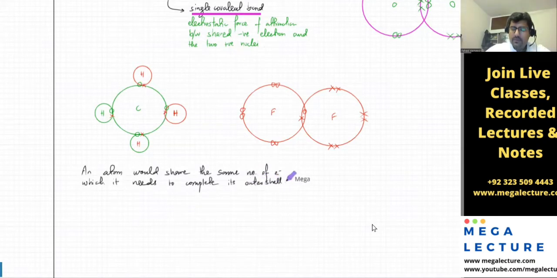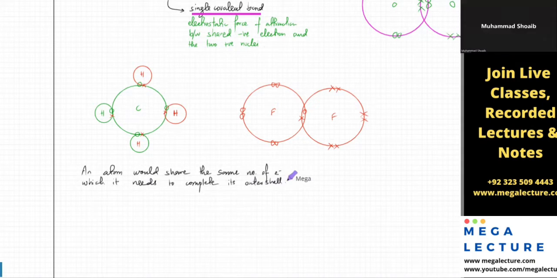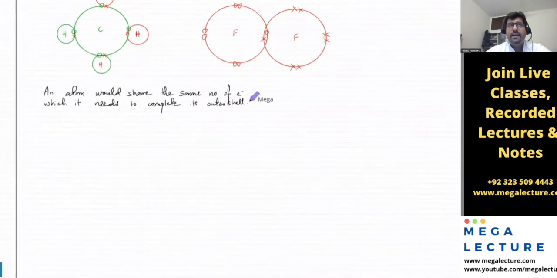Is the rule clear? Shoaib, is this clear? Abdullah, is this clear? Ayan? Yes, sir.